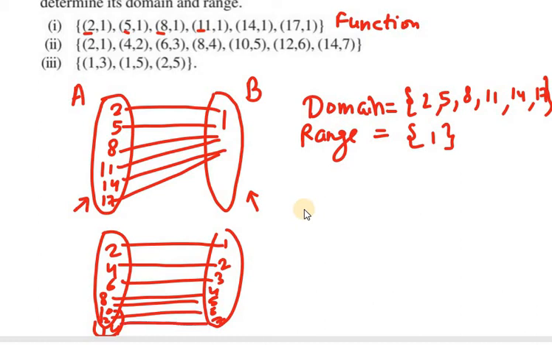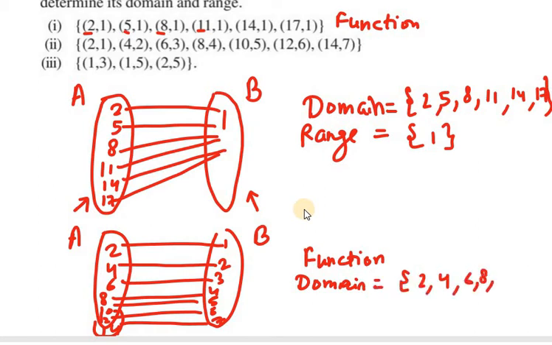So you can see again we have a unique image for all the A elements with respect to B. So it is again a function. Now we need to write the domain. The domain will have the A elements, that is 2, 4, 6, 8, 10, 12, 14. Now the range will be the B part, or we can say the second elements of the ordered pairs. So we have 1, 2, 3, 4, 5, 6, 7.